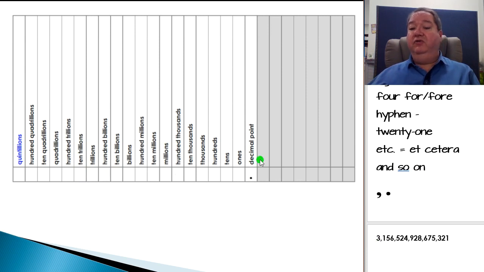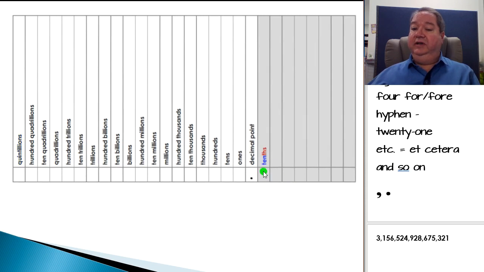Now, if we come to the right of the decimal point, the first position to the right of the decimal point, as we already saw, is not tens, but tenths. Tenths. Try to say that. Tenths.